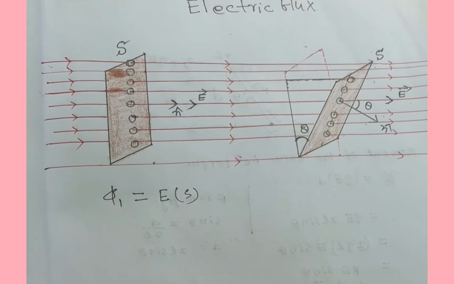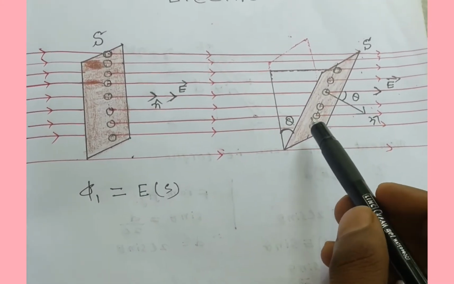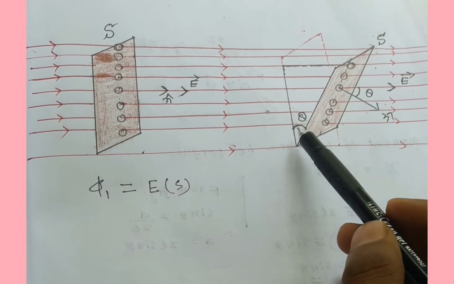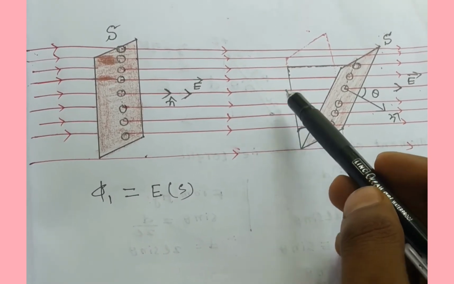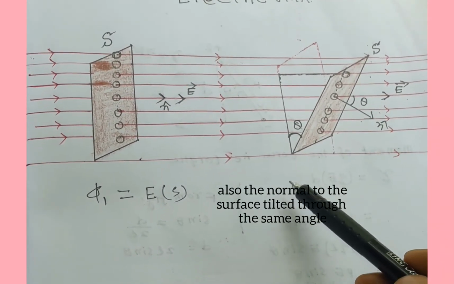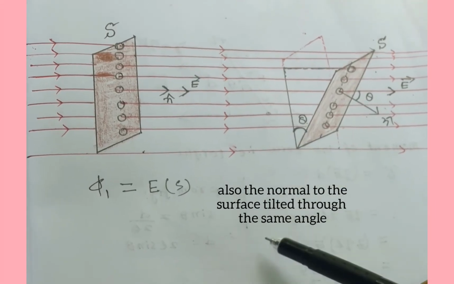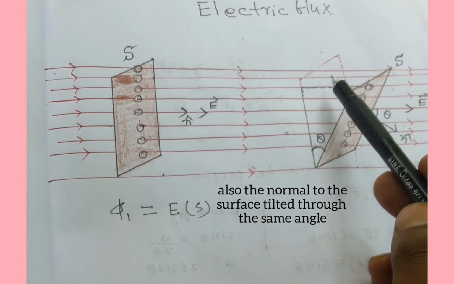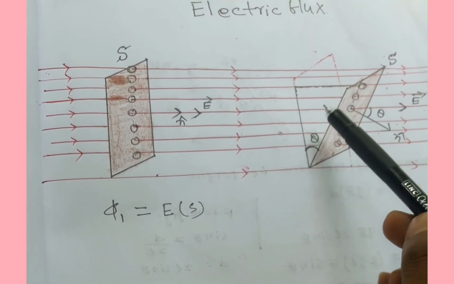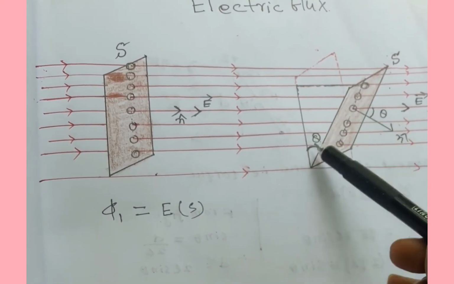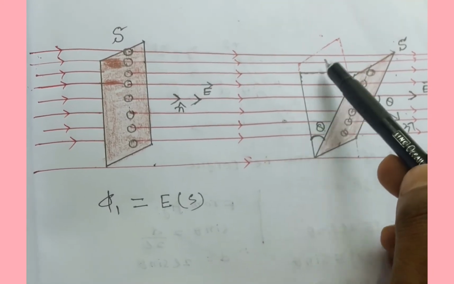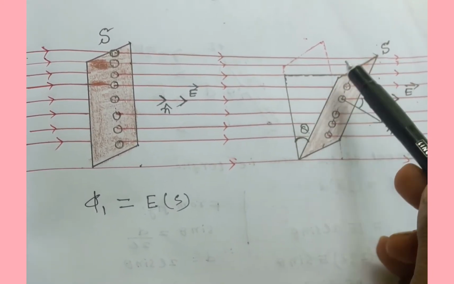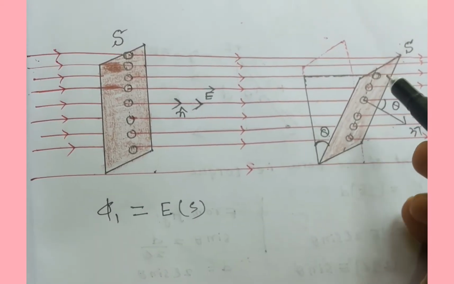In the second figure, the surface is tilted with the electric field lines through an angle theta. Here, fewer electric field lines pass through the surface. Some of the field lines go outside the surface.